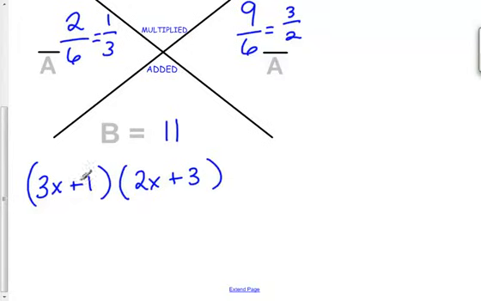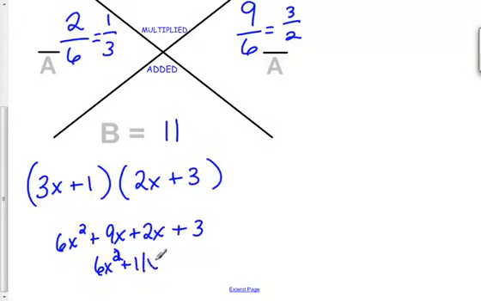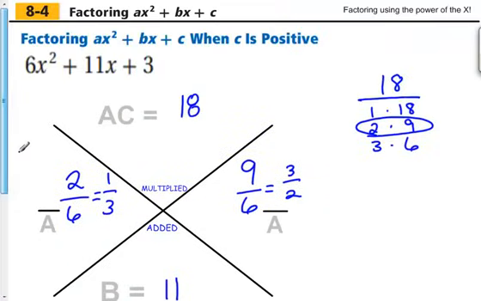And again, I could test it out. 3x times 2x gives me 6x squared. 3x times 3 gives me 9x. 1 times 2x gives me 2x. 1 times 3 gives me 3, or 6x squared plus 11x plus 3, which is what I started with. Okay.